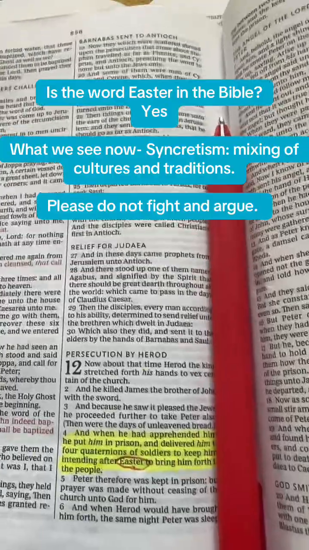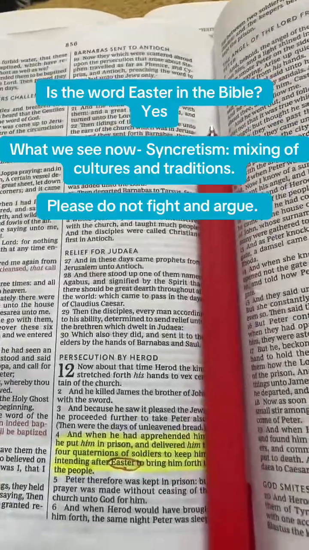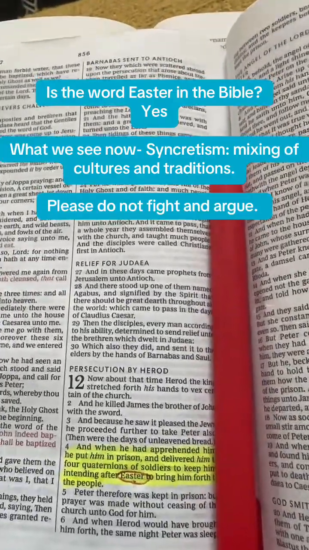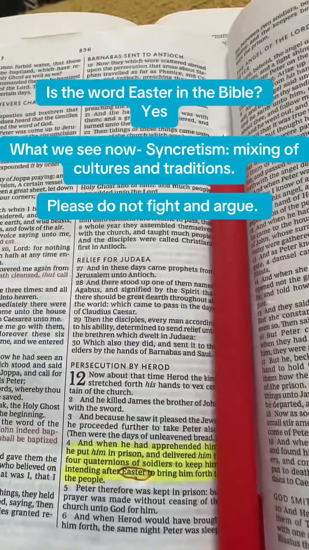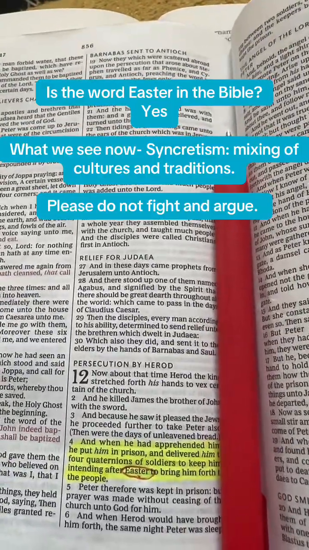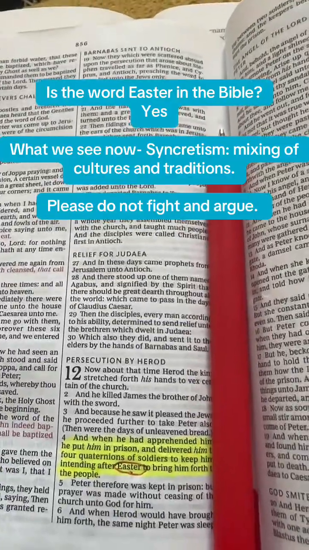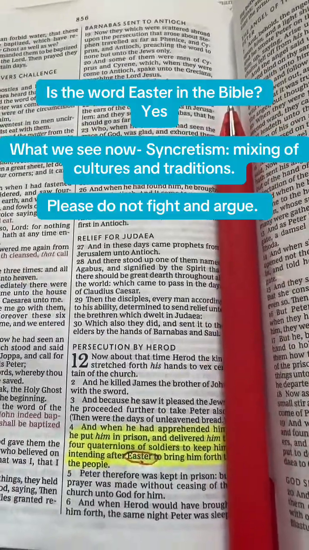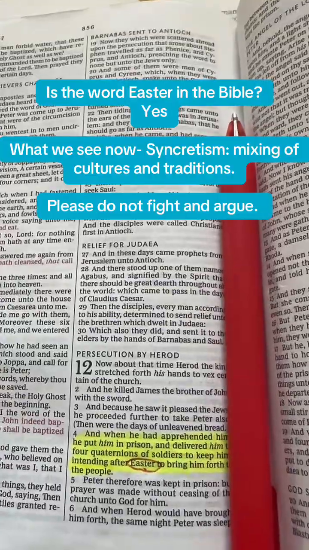In summary, just to make sure we're all on the same page, the Greek word in Acts 12 verse 4 is Pascha, meaning Passover. Early English Bibles translated it as Easter because that was the common English word for the season, not necessarily the event itself, but the season.